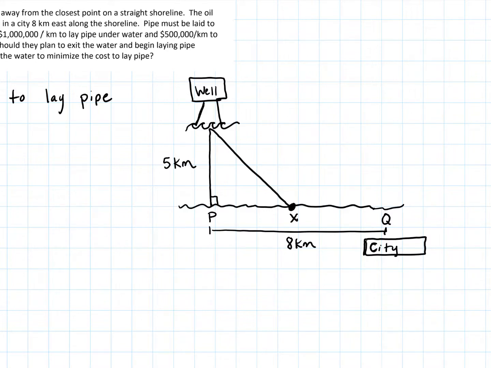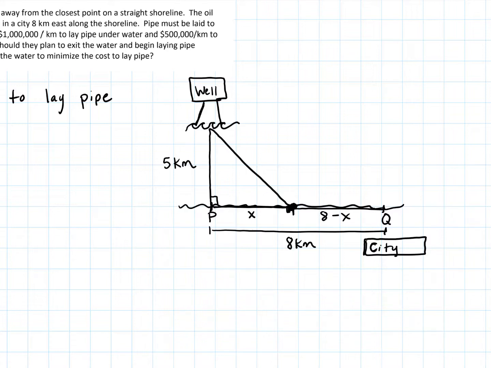So what if we were to exit right there? I was going to call it X, but I want to actually label this distance from here to here as X. So what if we exit a distance of X away from that point P, which would make this distance from that point to Q 8 minus x?